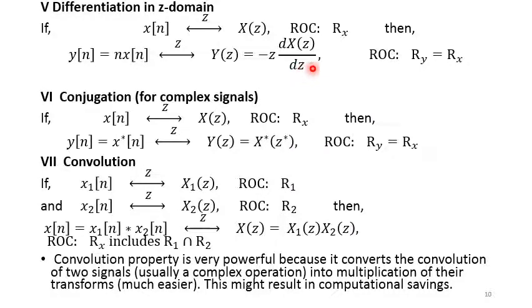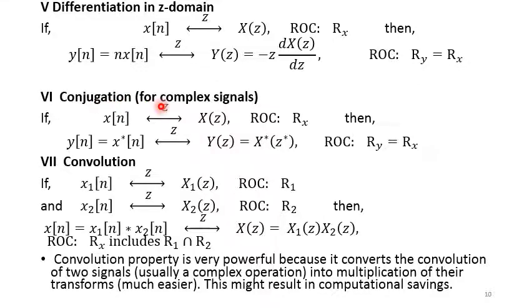The differentiation doesn't affect the ROC, so the resulting signal has the same ROC as the original signal. That means y of z has the same ROC as x of z. So differentiation in the z domain corresponds to multiplication by the independent variable, which is n, in the time domain.